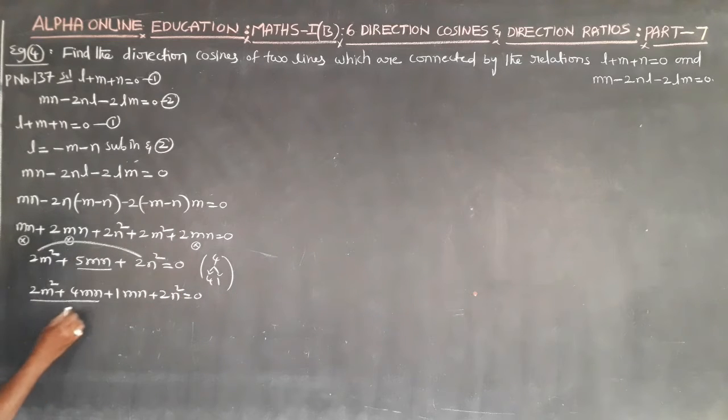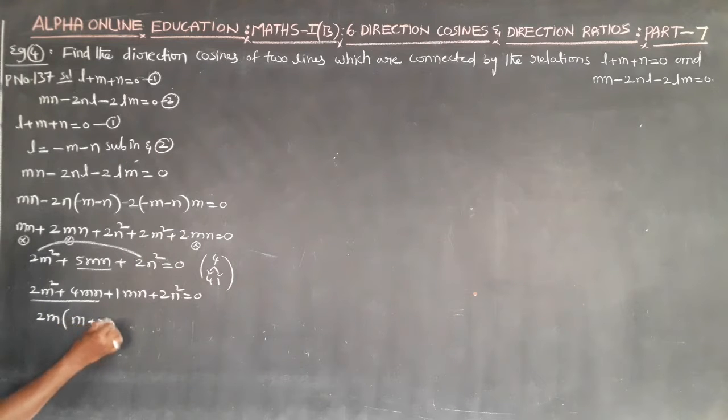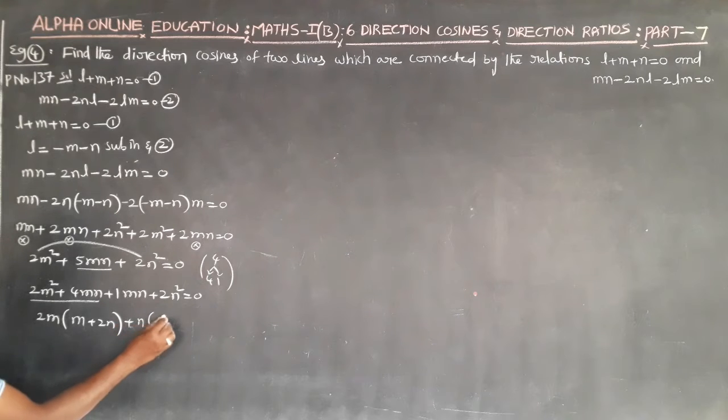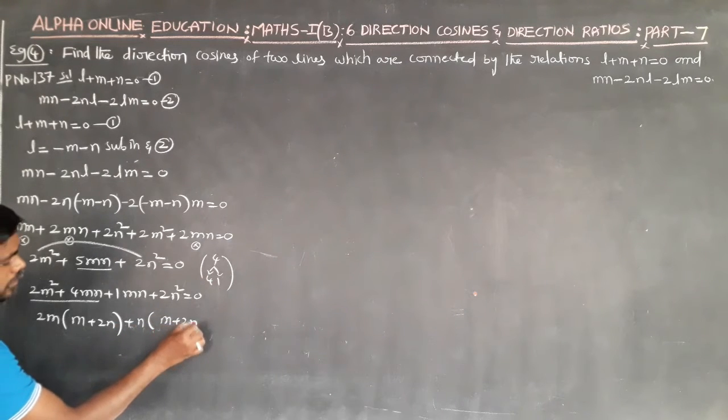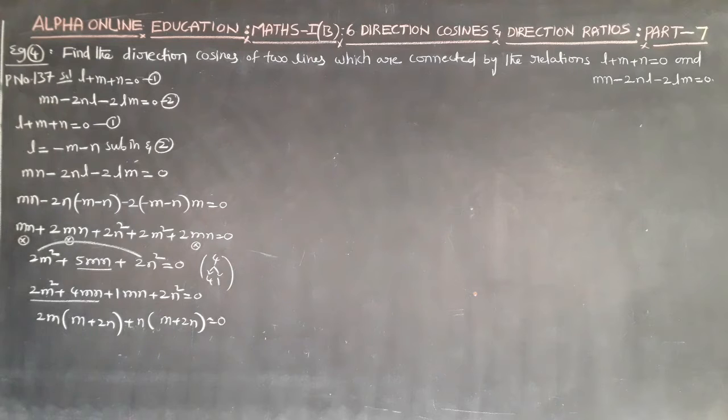Common in the first two terms, 2m common, m plus 2n; plus again here n common, m plus 2n is equal to 0. Again m plus 2n common, 2m plus n is equal to 0.